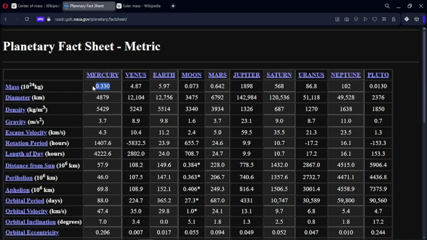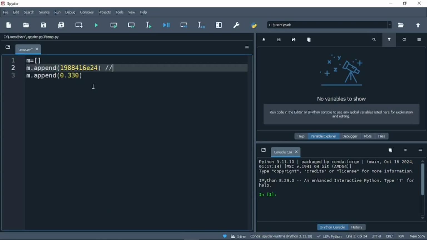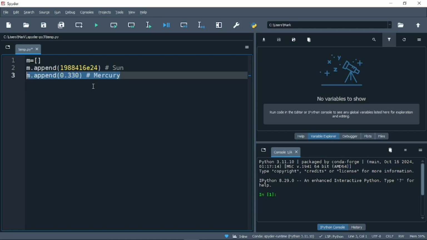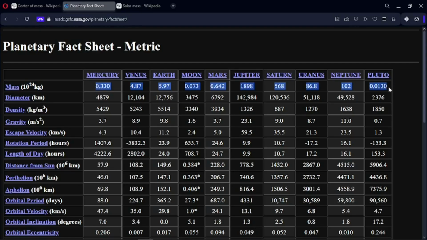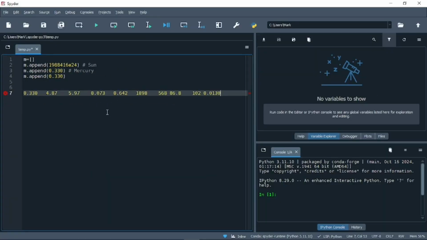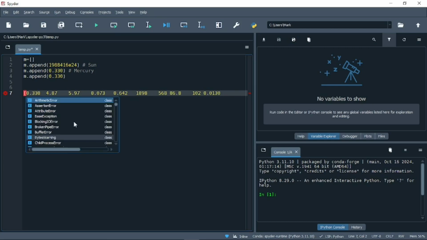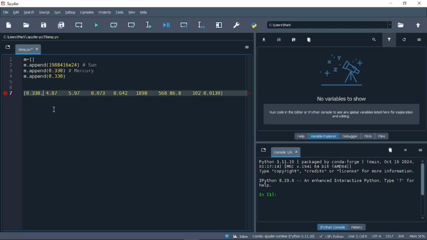This is the mass of Mercury. So this is the Sun, and this is Mercury. Okay, let's continue.